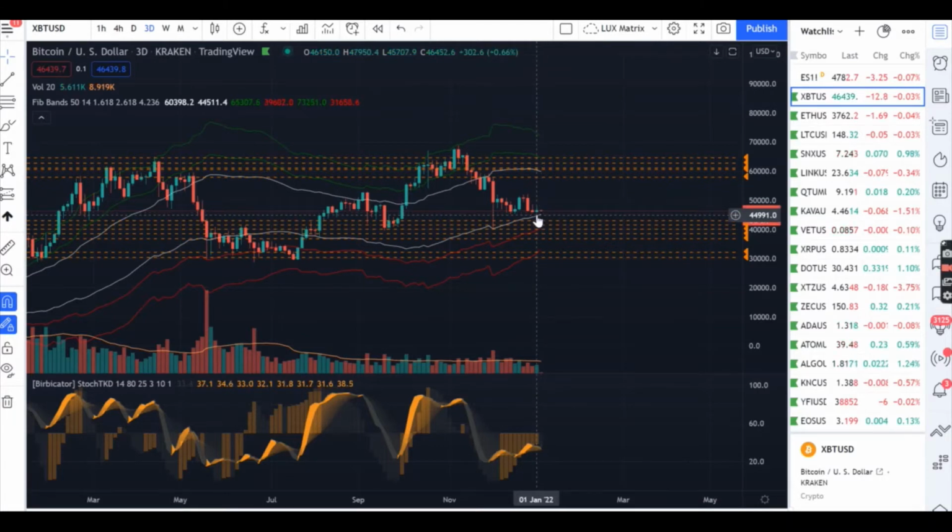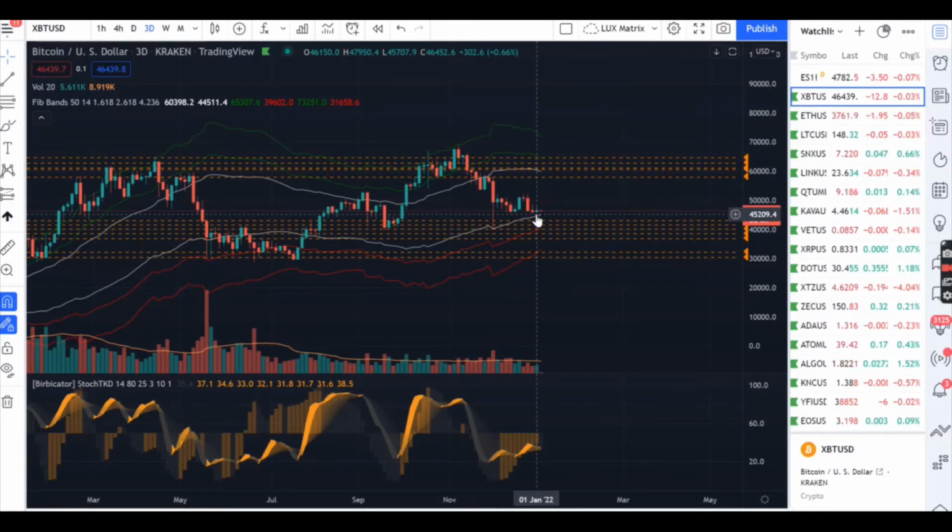Now yesterday, well, this is actually a 3-day candle, but when this just closed 30 minutes ago, that candle opened at 46,150. It went to a high of 47,950, and it closed at 46,450. So it was up 0.66% or $302 on that last 3-day candle.